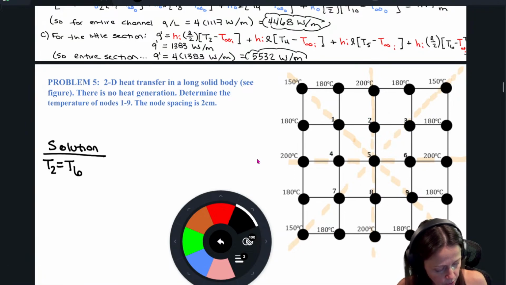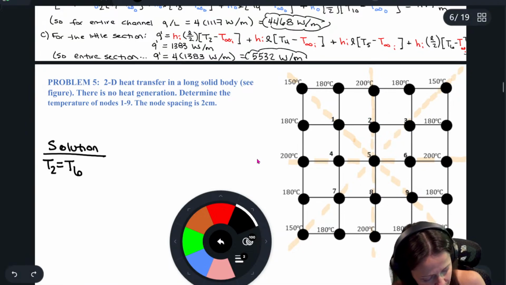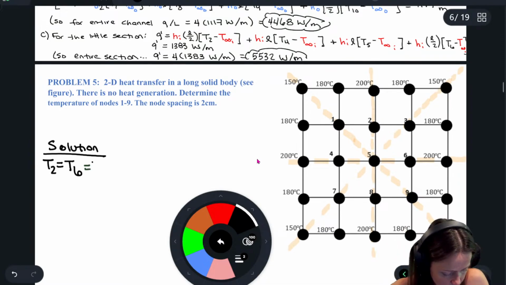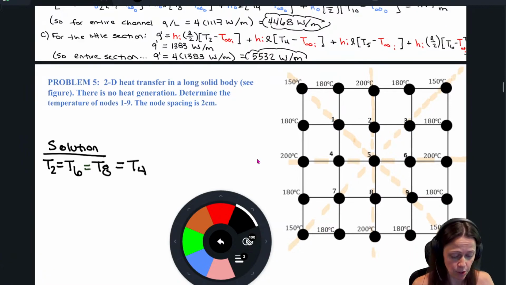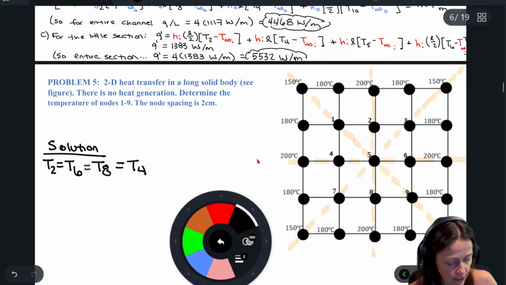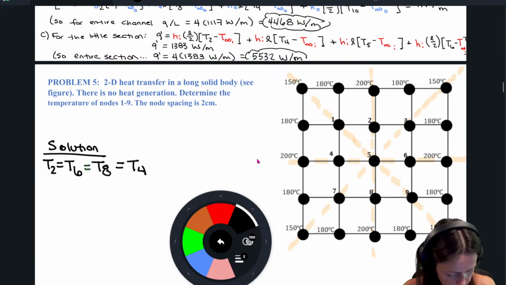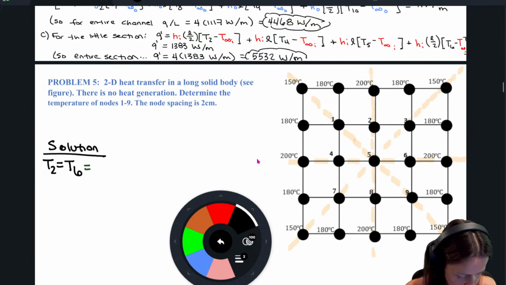So T2, T6, T8, and T4. And then you can make a similar argument. In fact, I think I'm going to write those in red now. So let's calm down. There we go.